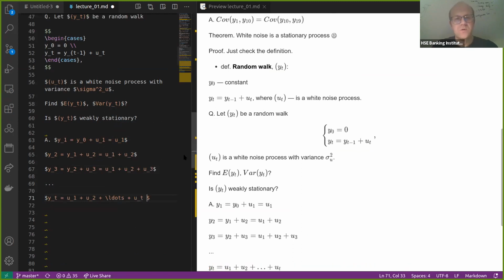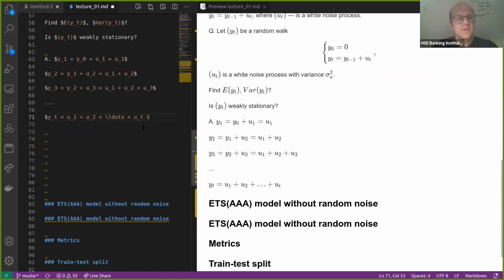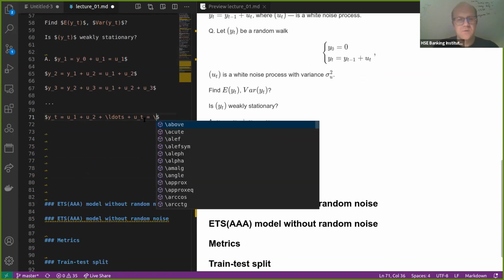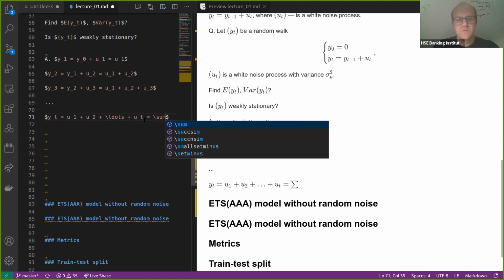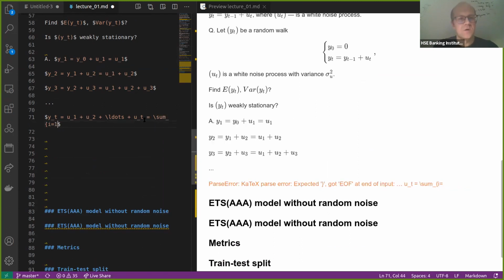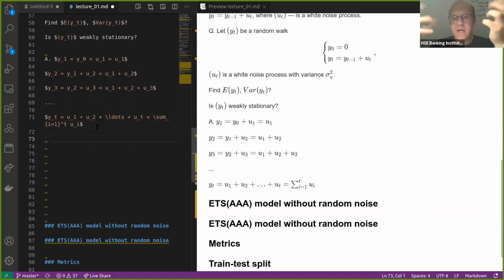Or if you prefer writing equations with sums, the sum from i equals 1 up to t of Ui. We have explicitly expressed Y1, Y2, Y3 using U1, U2, U3, and now we can easily answer the question whether the process is stationary.